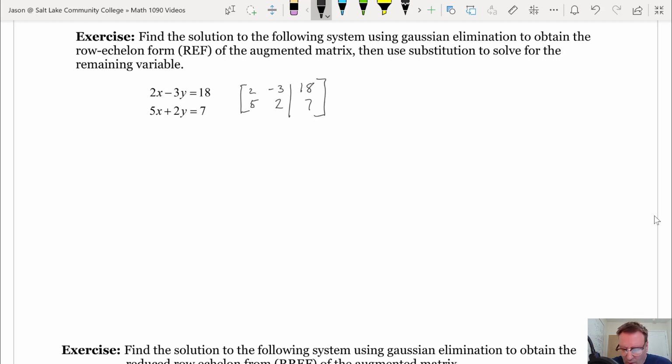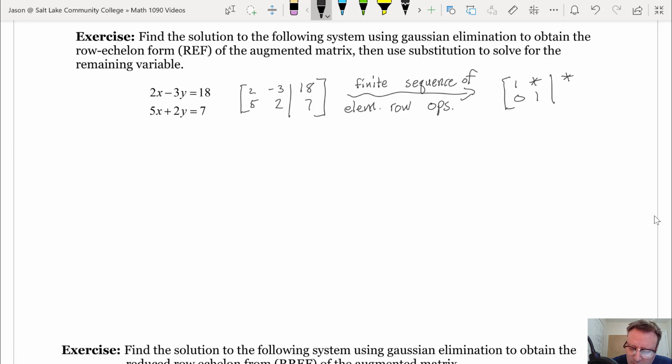Okay, and the goal here is this. We want to do a finite sequence of elementary row operations until we transform this matrix into this form: 1, star, 0, 1, star, star.